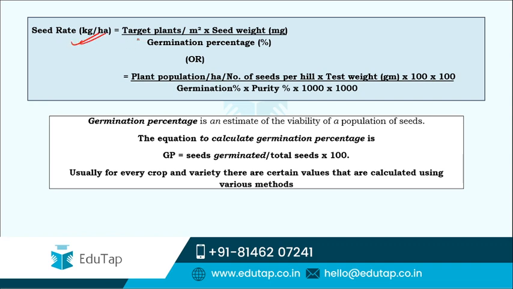Seed rate in kg per hectare: target plants per meter square would be given, seed weight would be given, and germination percentage. What is germination percentage? Even if they don't give it, it's seeds germinated by total number of seeds into 100. That is an estimate for the viability of a population of seeds. One more formula: they can give plant population per hectare per number of seeds per hill, test weight in grams into 100 by germination percentage into purity percent, the purity of that seed, into 1000 into 1000.